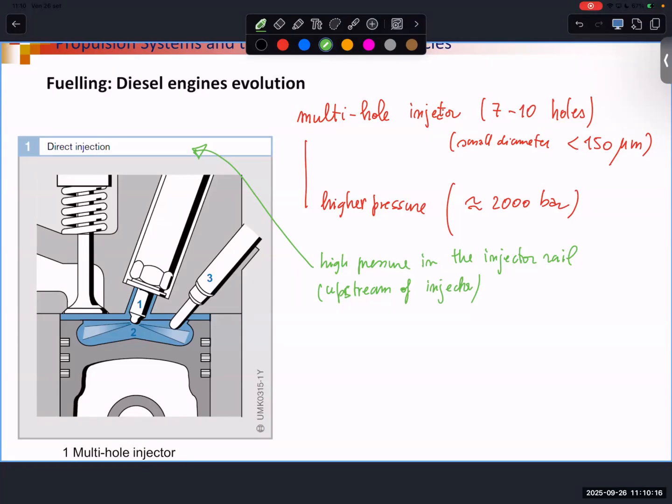And another advantage that we can have, this is no more a mechanical injector, it is an electric injector.